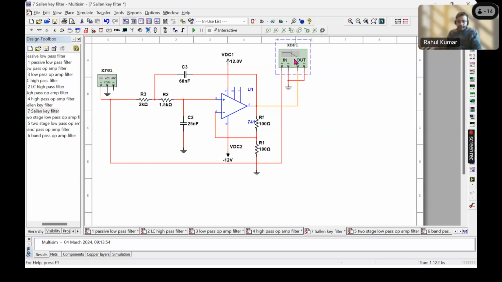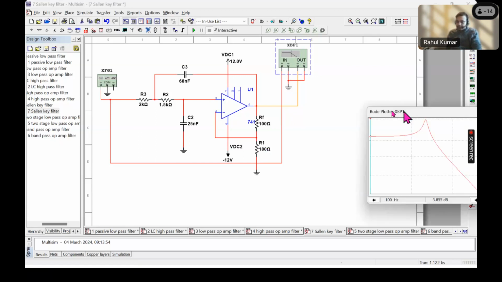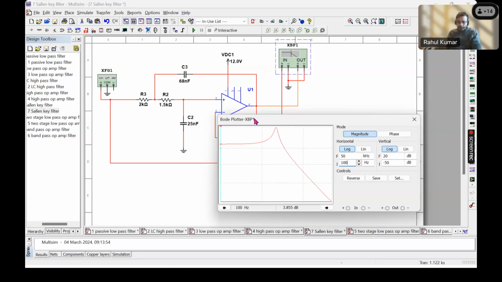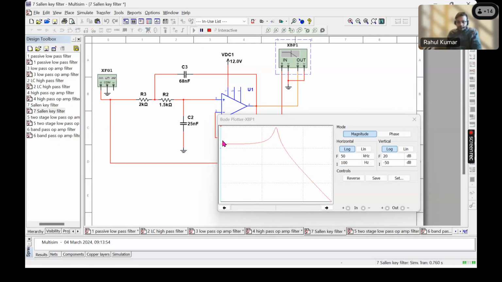So that is the gain for the low frequency. Okay, so in the low frequency, this is the response, and the gain is around 3.8. You can see, right? And we get a peak here.